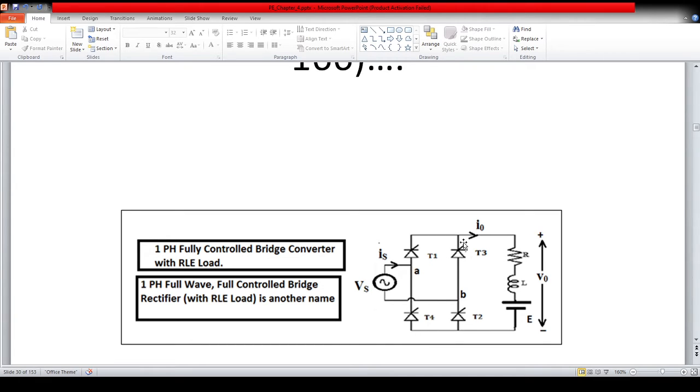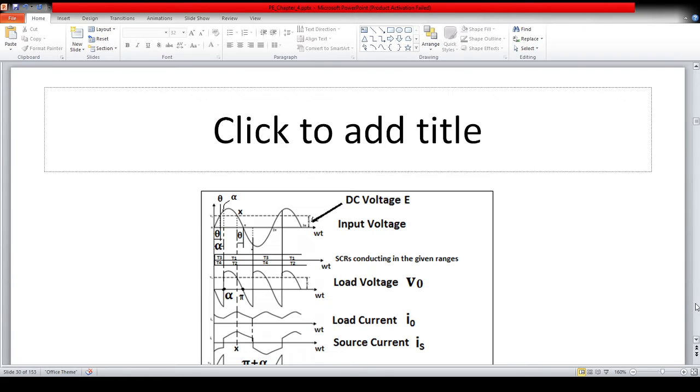Now when we fire T3 and T4, T1 and T2 are automatically naturally commutated due to reverse voltage being applied across them. See, T1 and T2 are conducting in positive half cycle. Okay, due to inductive effect, we have crossed a little bit here. We have come till pi plus alpha.